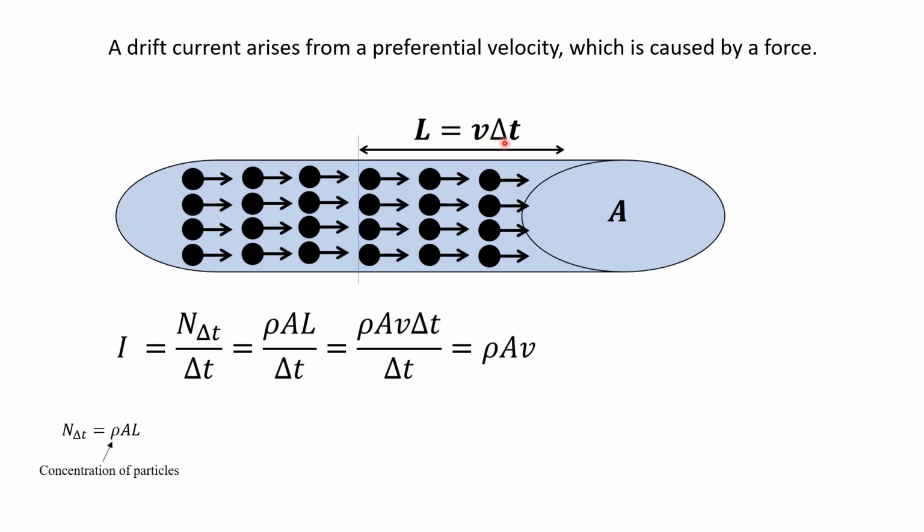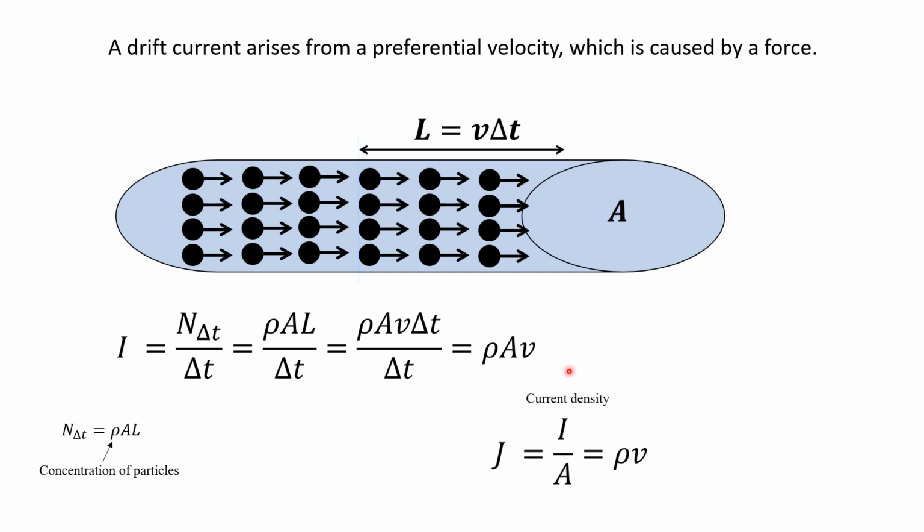So we can use this expression here, and then the delta t cancels because it's the same interval of time, and we get this expression for the current. So this is the number of particles crossing the area A per unit of time.